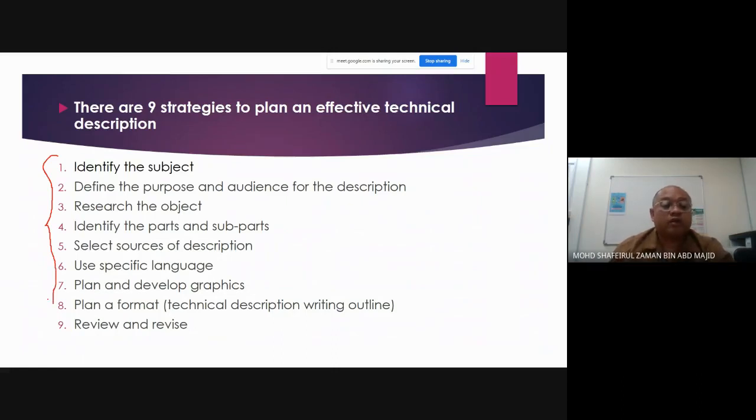For number 1, you need to know what is the product that you are going to present. For your information, there will be a list of banned products, meaning that you cannot use those products for the assessment. Why? Because the products are too common and have been in the market for quite some time.